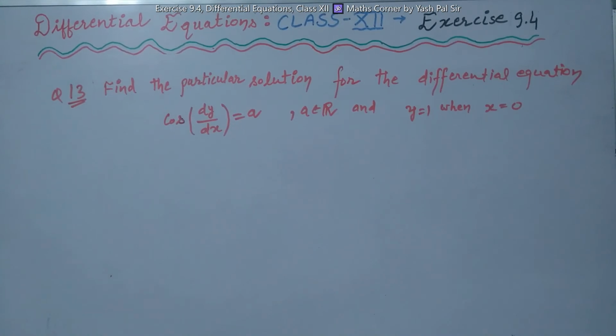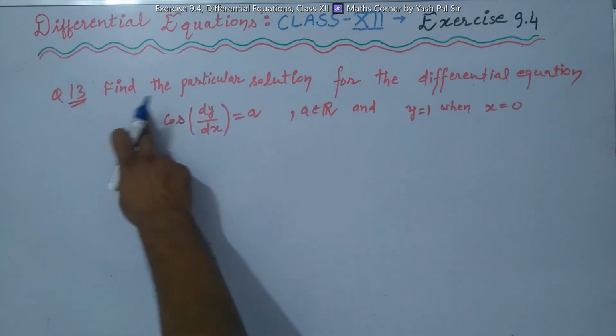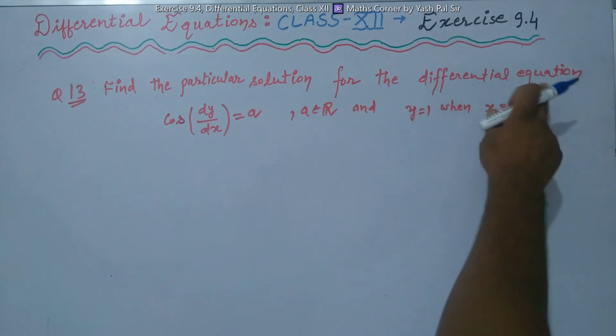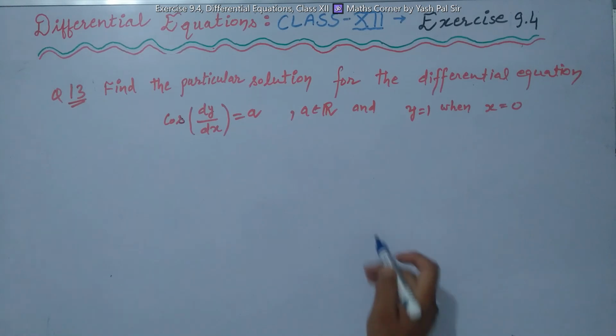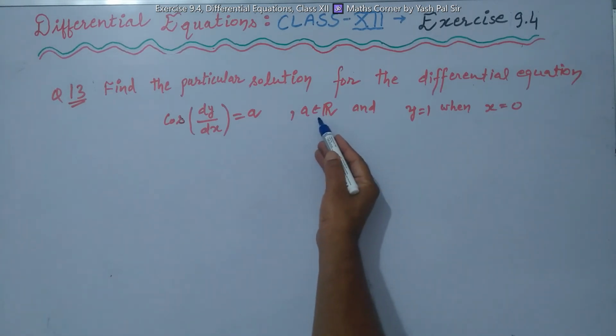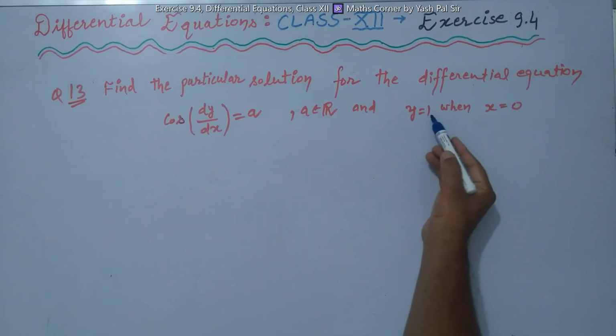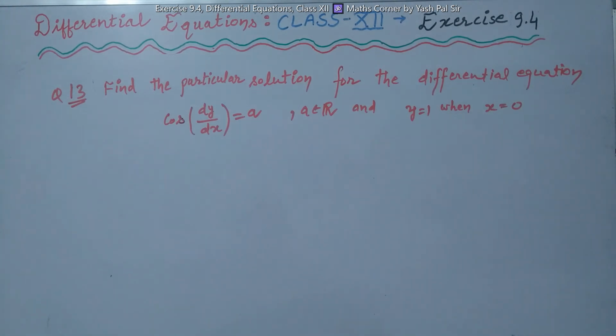Okay. Similarly, we can have another question. Question number 13. Find the particular solution for the differential equation cos of dy upon dx is equal to a, where a belongs to the set of all real numbers, and y is equal to 1 when x is equal to 0. This is the additional condition here.